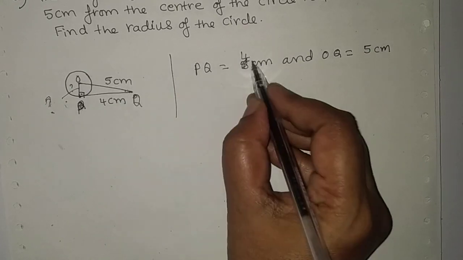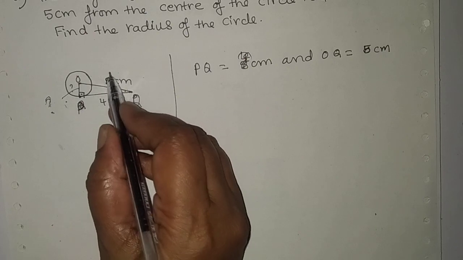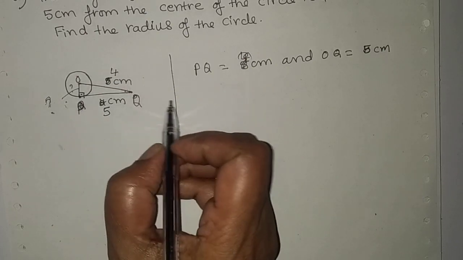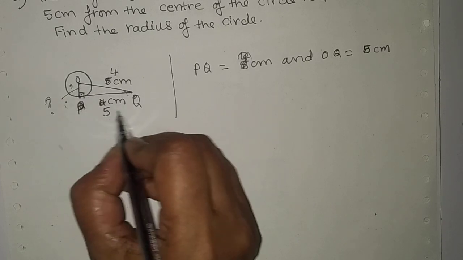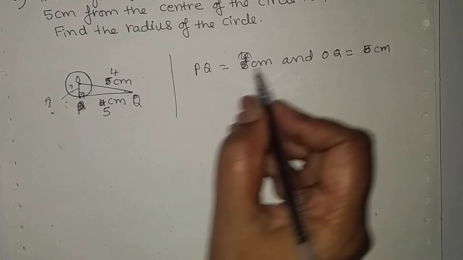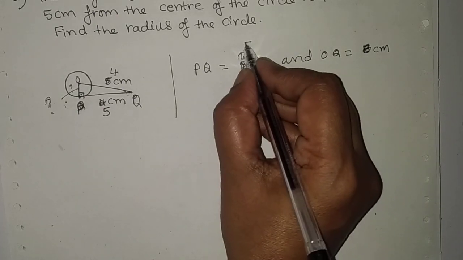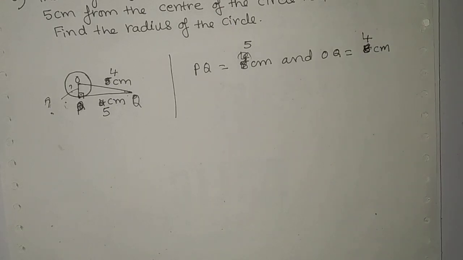I have written these interchanged. So this is 4 and this is 5. So here, interchanging, PQ is 5 centimeters and OQ is 4 centimeters. This is the data given.